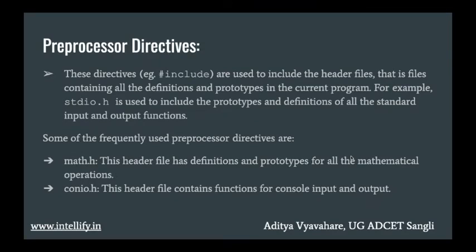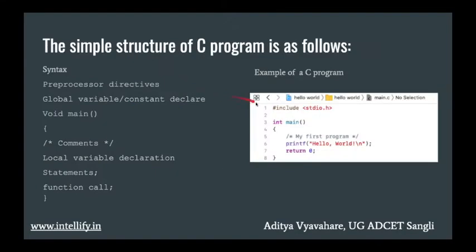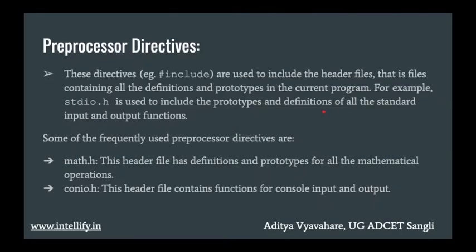Now coming to preprocessor directives, these include hashtag include, which is used in the sample program, hashtag include stdio.h. Here stdio stands for standard input and output functions. Some of the frequently used headers are math.h and conio.h.